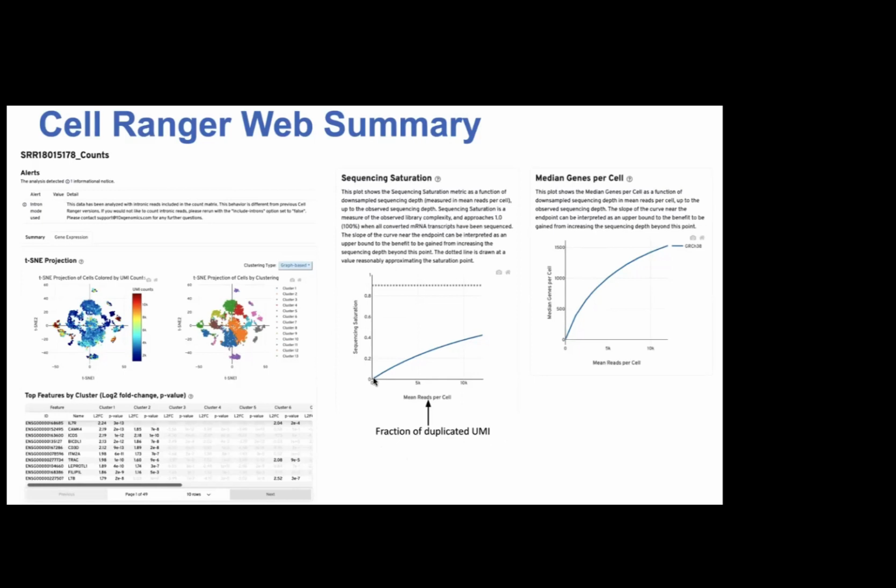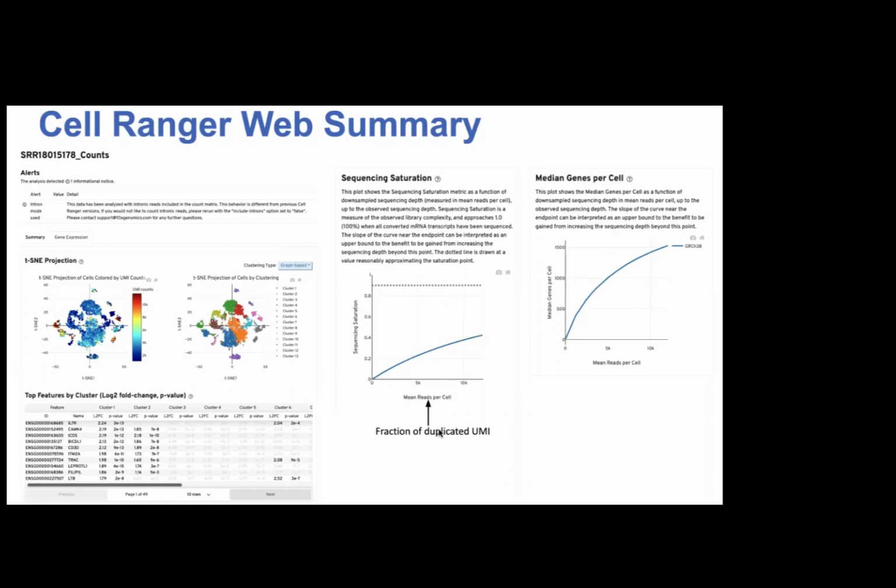And so basically what this tells you is, if you would increase the amount of sequencing you do, would you get more information out of it, right? And so this dotted line is where it anneals to, I guess. So you could never get better than, in this case, like 0.9.